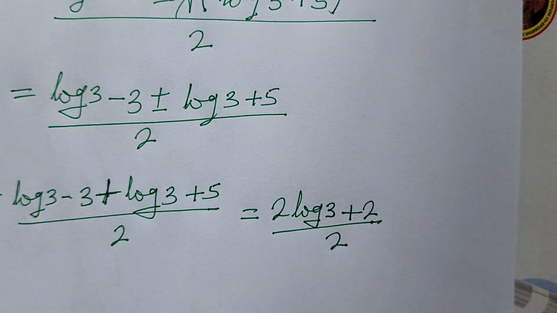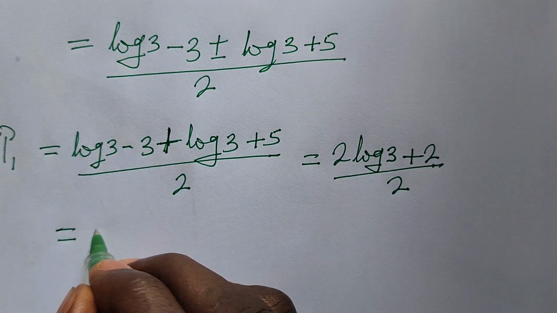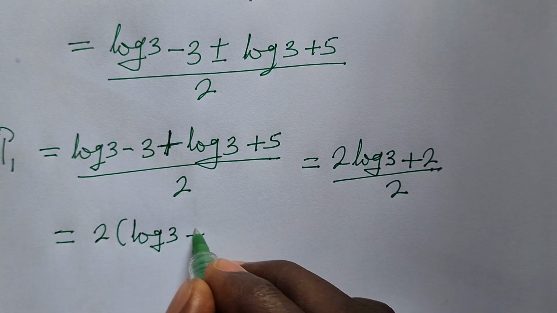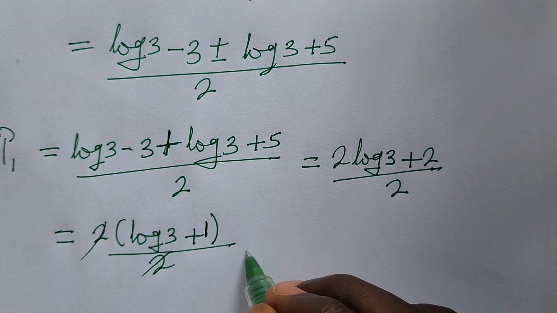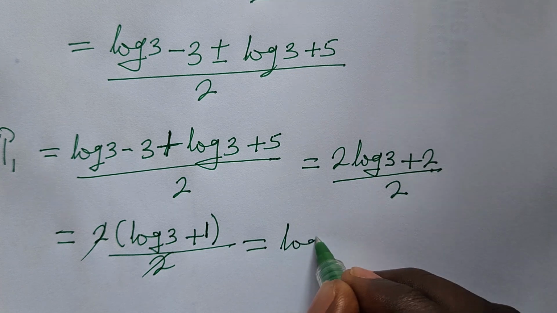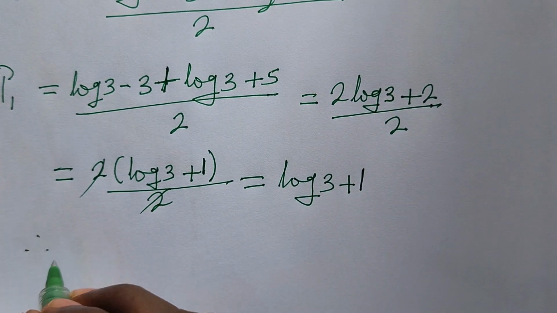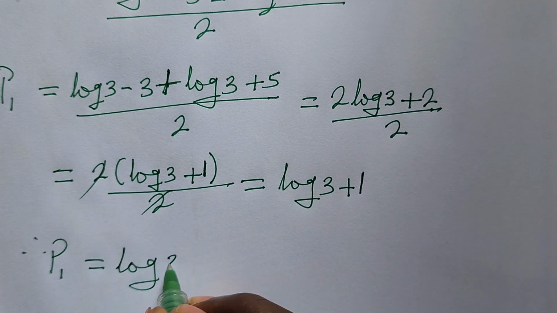We can factor out 2 from here, right? So if we do that, it's going to give us 2 into (log 3 + 1) all over 2. Cancel, cancel. So this will now give us log 3 plus 1. Therefore, our P1 is equal to log 3 plus 1.